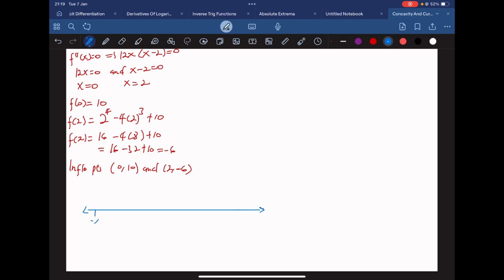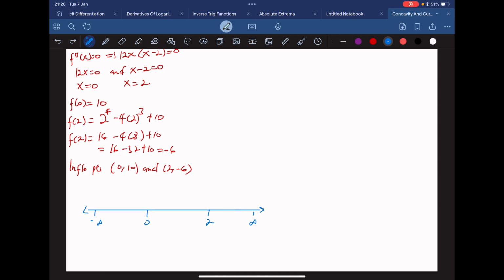So we have negative infinity, we have 0. Let me space it out a bit. We have 2 and we have infinity. So right here, we can have negative 1, right?